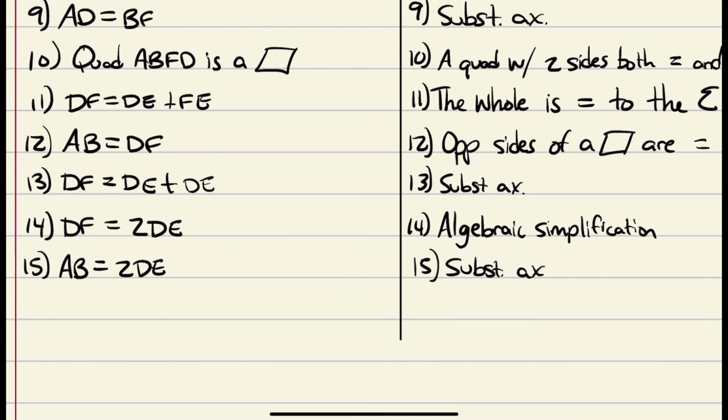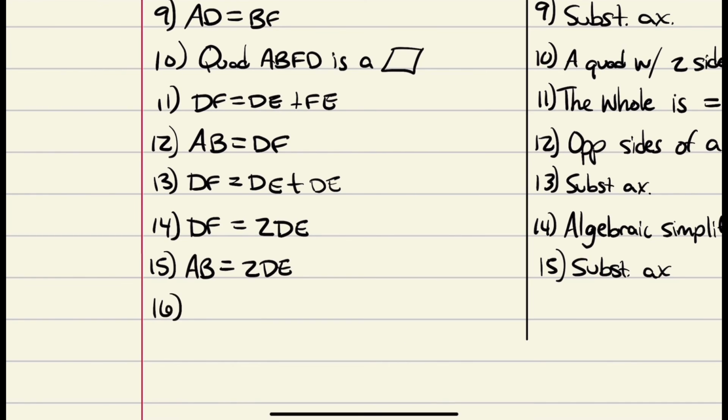Substitution. And then number 16, we would just divide by 2 to both sides. This would be the division axiom. We can divide both sides by the same quantity and we'll still get equal quantities. So if we divide AB by 2, we would get 1/2 AB equals just DE. That would be our division axiom.